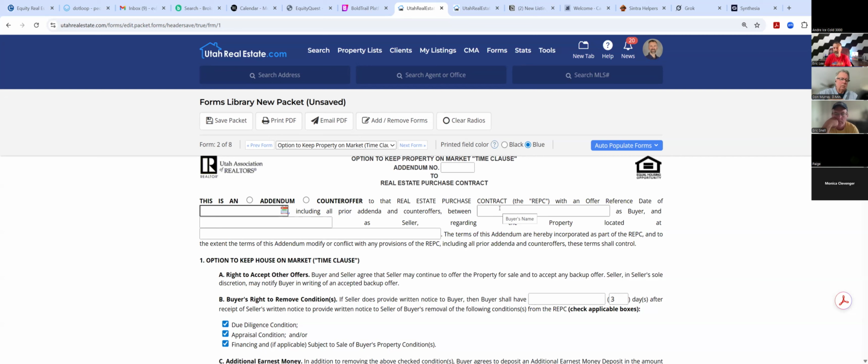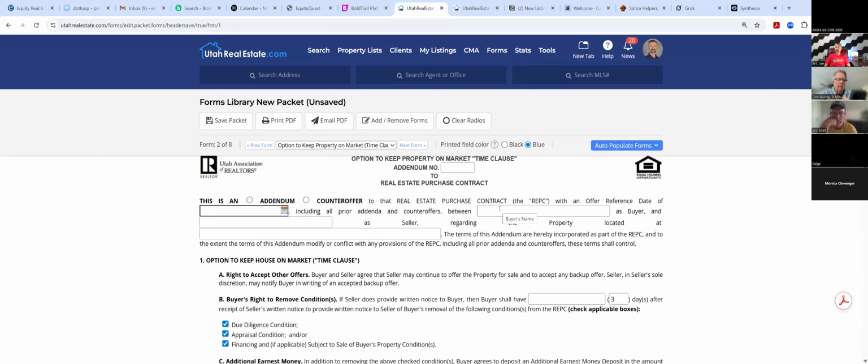Obviously, I'm not going to advise my client to forego any due diligence if they haven't had an opportunity at that point. Let's say that they were able to remove the condition to sell their property pretty quickly, but they still haven't had an opportunity to do all their due diligence, and this is going to just completely eradicate any opportunity for that without them putting themselves at risk.